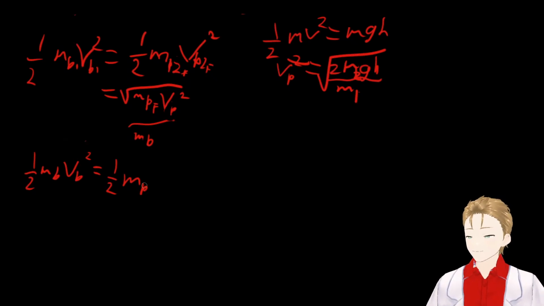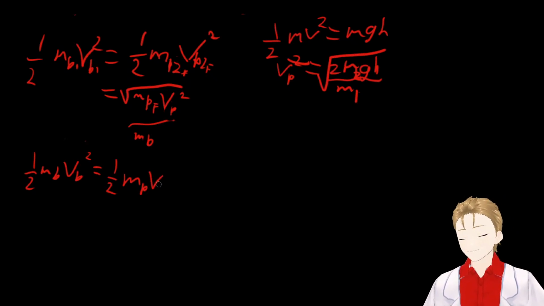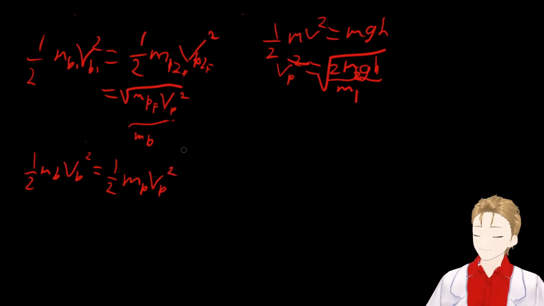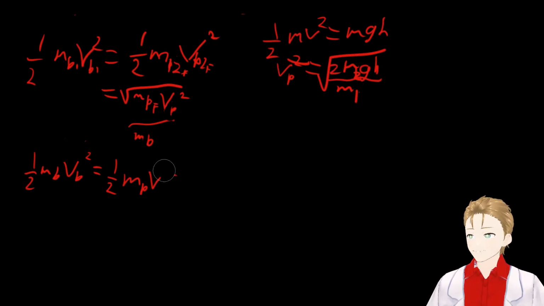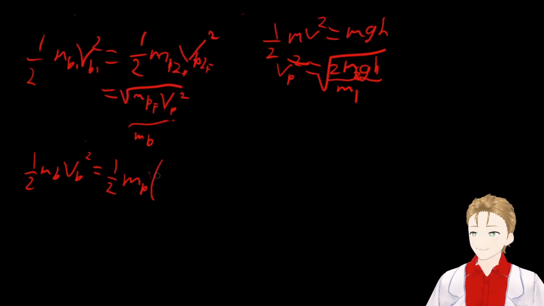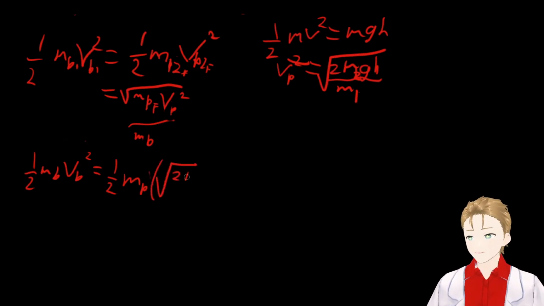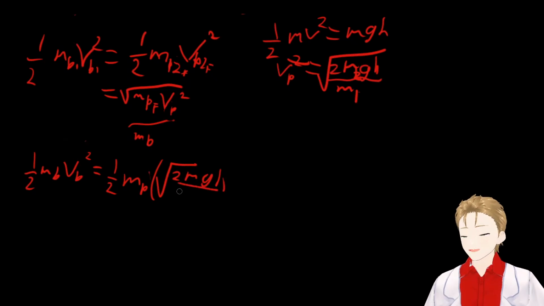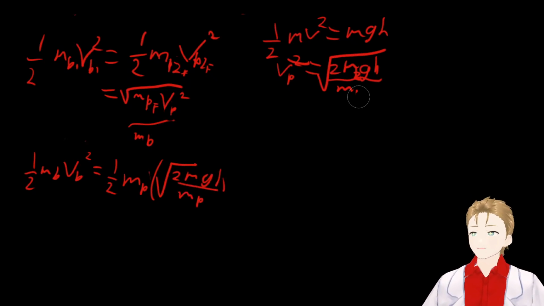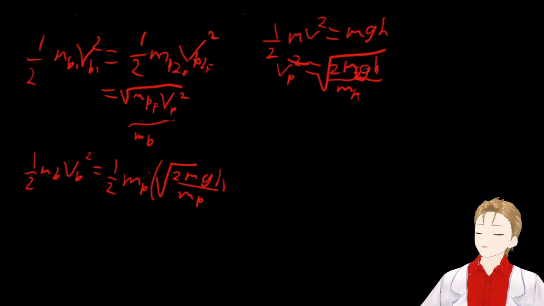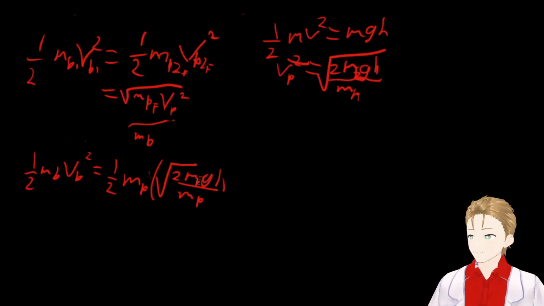I got a pendulum squared. We just plug that in. We get the square of the 2 over mu. Oh, P1, P1, P1, P1, P2, P2.